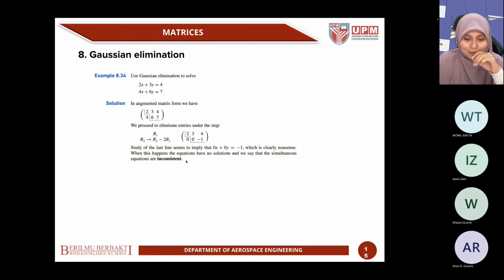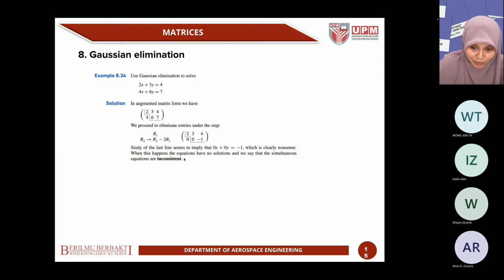When this happens, the equations have no solution, and we say the simultaneous equations are inconsistent. We cannot have a linear equation like 0 equals minus 1; it's not correct.